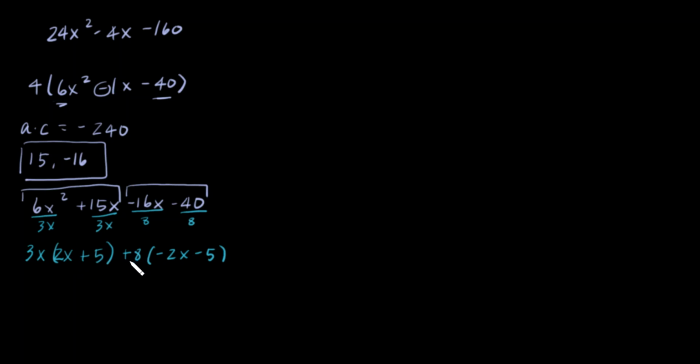So instead of taking a positive 8 out, I have to take a negative 8 out. And in doing so, look what happens: negative and negative is a positive, negative and negative is a positive. They're both positives now. Okay? Oh, that's so messy. I'm just going to erase it.